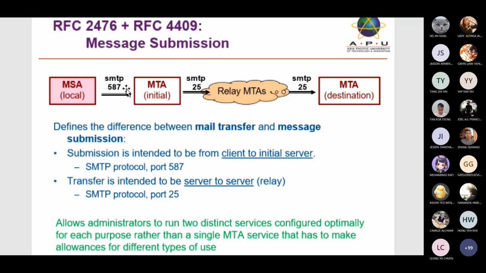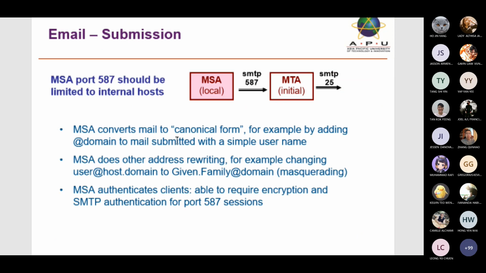The mail submission agent is important because it's the one that we can use to do any kinds of complex manipulations, all right? We can authenticate our clients. We can run antivirus filters. We can do everything that we need to before this email gets into the system.